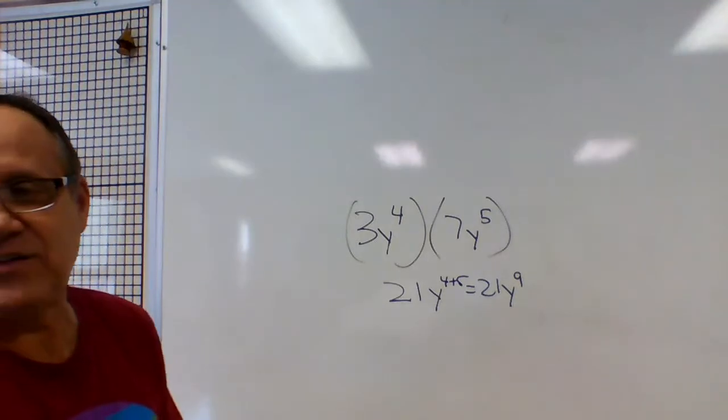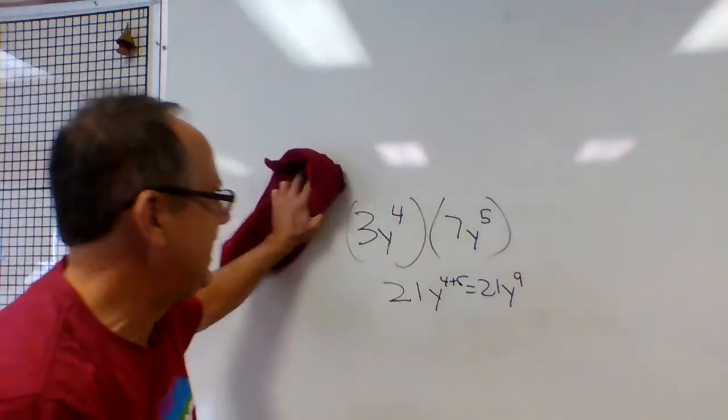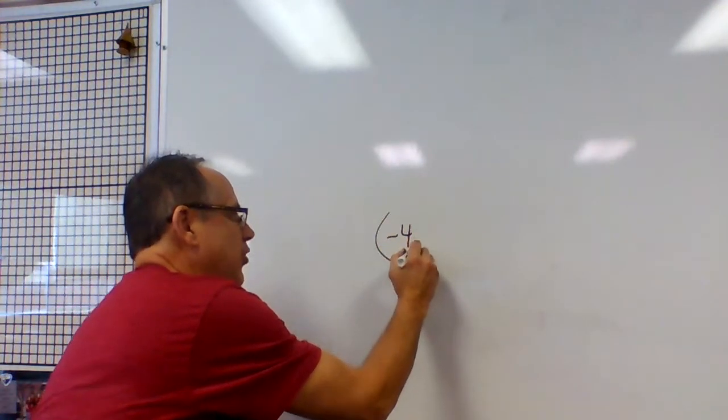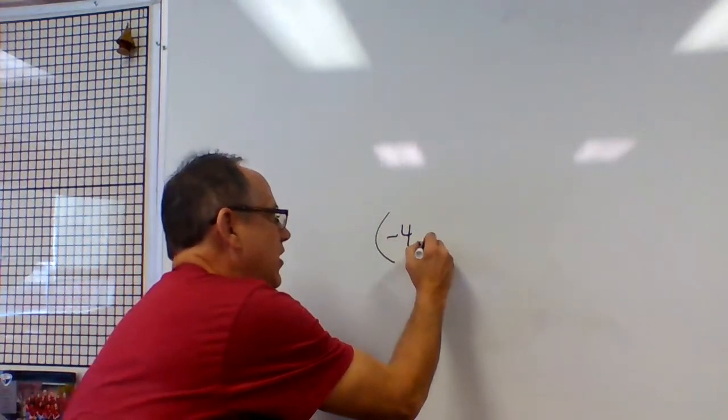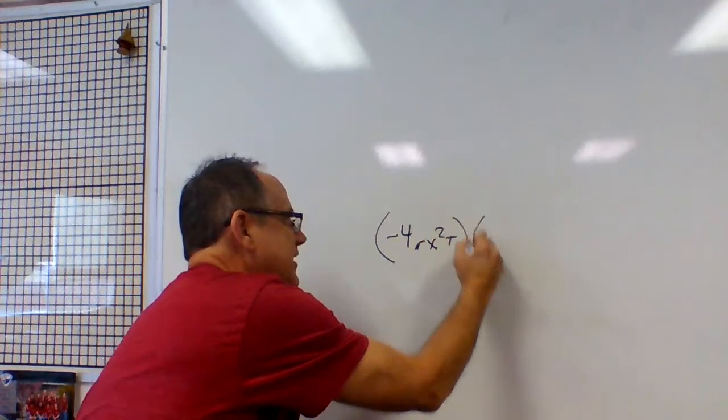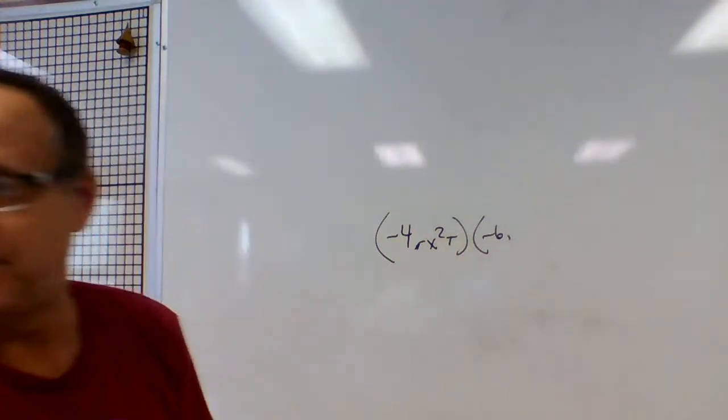Okay, guided practice 2a. And in guided practice 2b, we have in parentheses -4 r x squared t, times -6 r to the 5th x squared t.